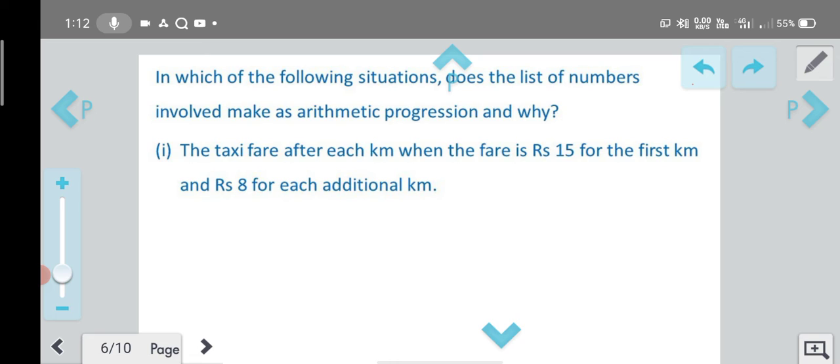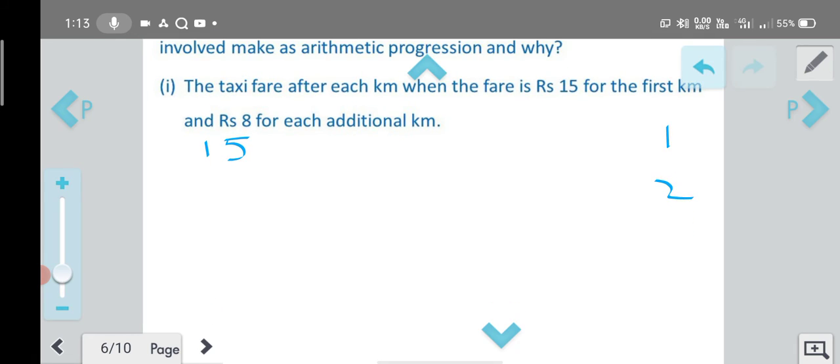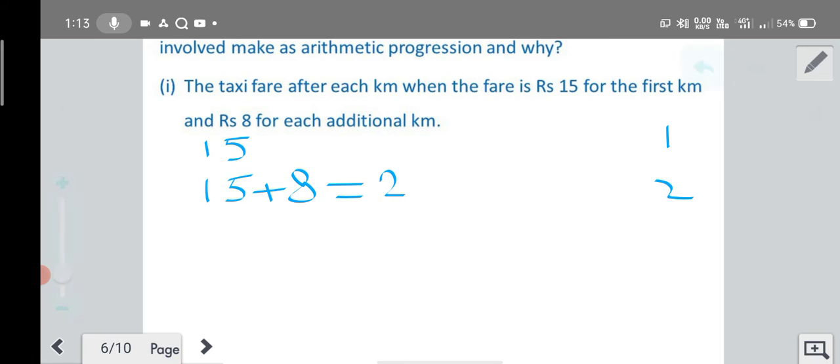What is given? The fare of the first kilometer is 15. If we travel 1 kilometer by this taxi, we have to pay a fare of rupees 15. If we travel 2 kilometers by this taxi, then according to the question we pay 15 rupees plus 8 rupees additional per kilometer. So we pay 15 plus 8, which is 23.